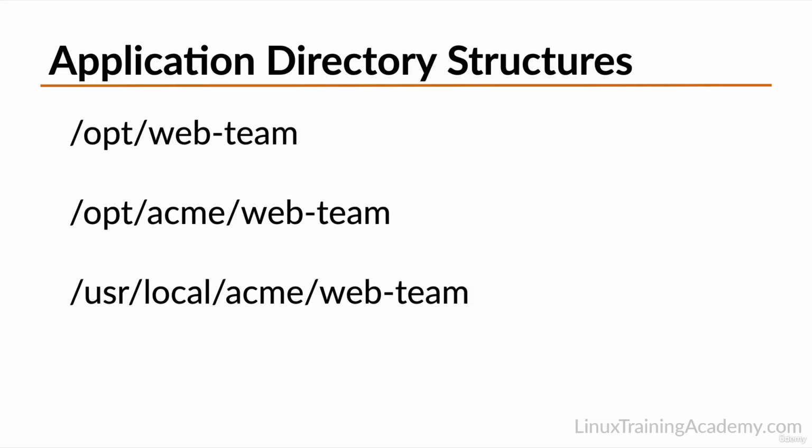Here's yet another slight variation, and I promise we're almost done with this. /opt/organization-name or /opt/company-name, or even /usr/local/organization-name or company-name. The most important thing to know about applications that are not shipped with the Linux operating system or by default in a Linux distribution is that they're typically found in /opt or in /usr/local.